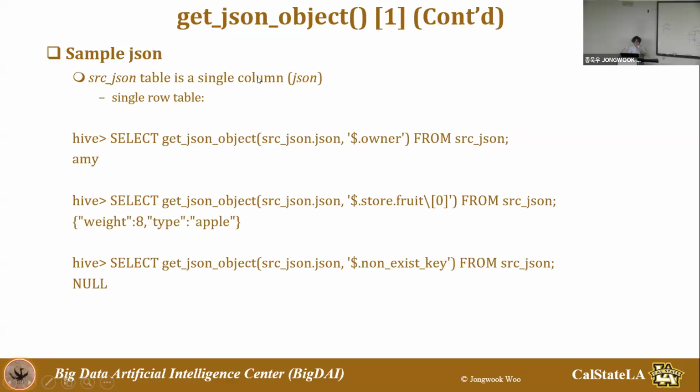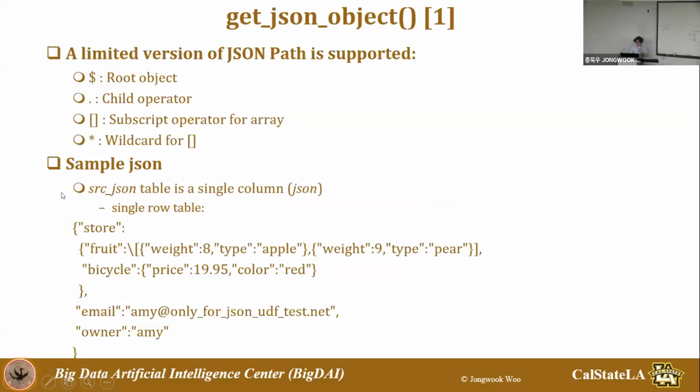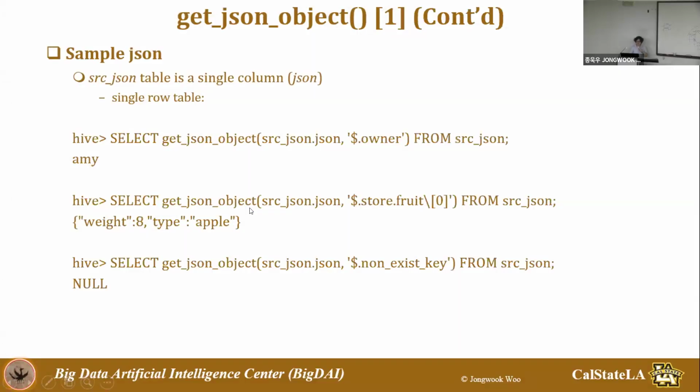Okay, and this single column includes the entire record as a string, and then like this, your single row table, the column has entire value as a string. So if you have one record, this is actually a single string that can be stored into one column as a value. Okay? So you need to actually parse it using getJsonObject function.